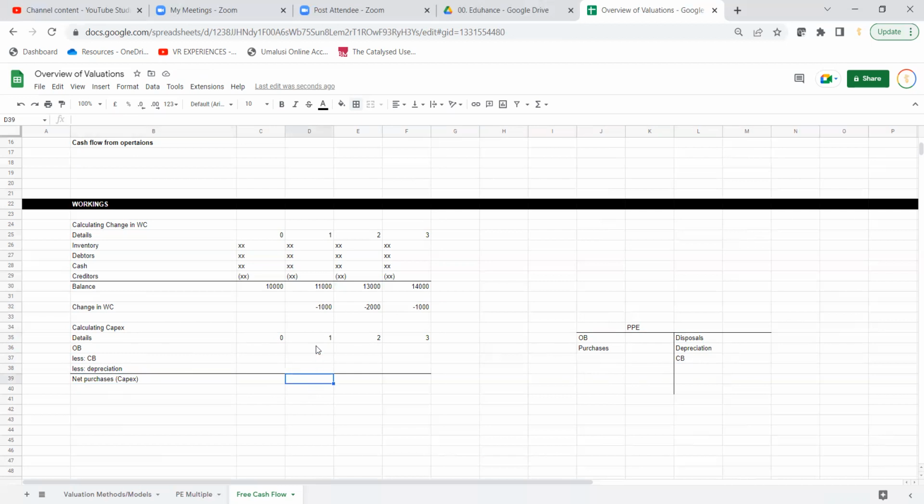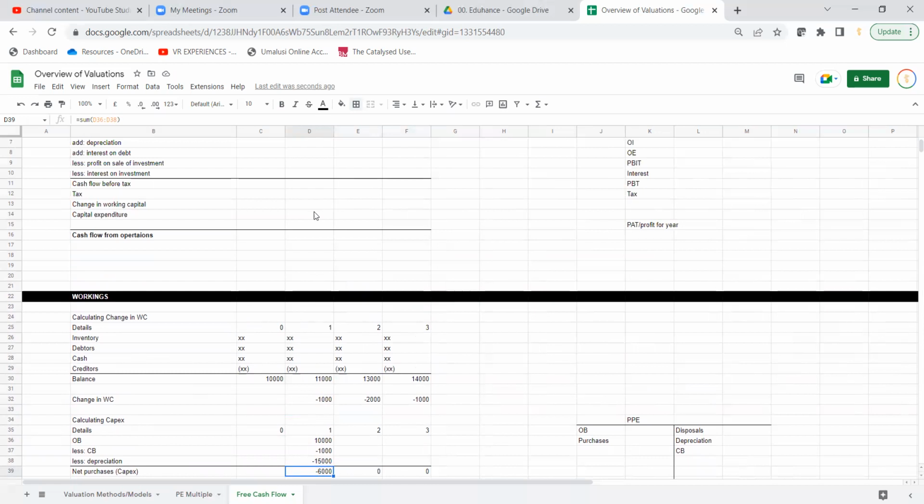Whatever number we get over here, for example opening balance 10,000, depreciation negative 1,000, closing balance negative 15,000, if we add this up, we had a capex expenditure of 6,000 Rand. Take that number and plug it in over here. Then we sum this up.